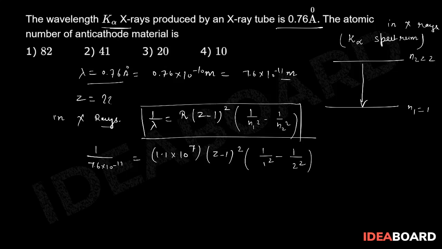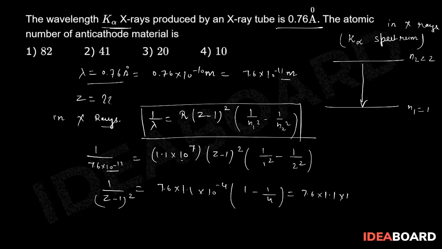I get 1 upon Z minus 1 whole square. This will be 7.6 into 1.1 into 10 to the power minus 11 plus 7, so this will be minus 4, into 1 minus 1 upon 4, which can be written as 7.6 into 1.1 into 10 to the power minus 4 into 3 by 4, correct?